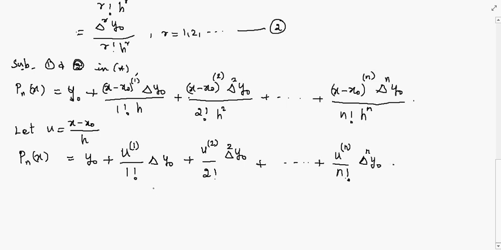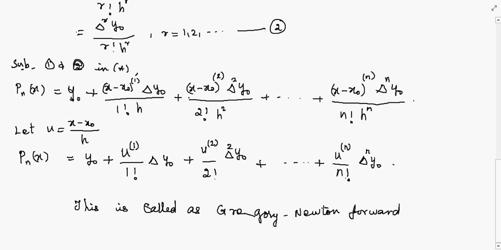This is called Newton's Gregory forward interpolation formula.